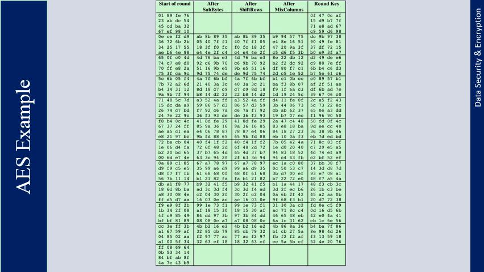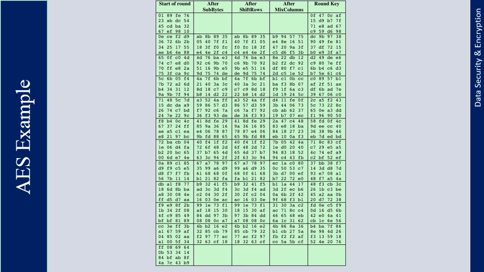The second, third, and fourth columns show the value of the state for that round after the SubBytes, ShiftRows, and MixColumns transformations respectively. The fifth column shows the round key. The first column shows the value of the state resulting from the bitwise XOR of the state after the preceding MixColumns with the round key of the preceding round.